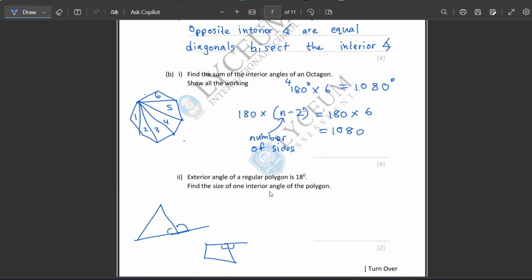So if we want to find the value of one interior angle, the exterior angle is given, what we have to do is interior angle plus exterior angle equals 180, because angles on a straight line.